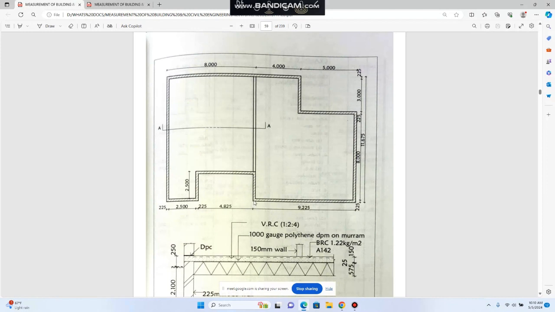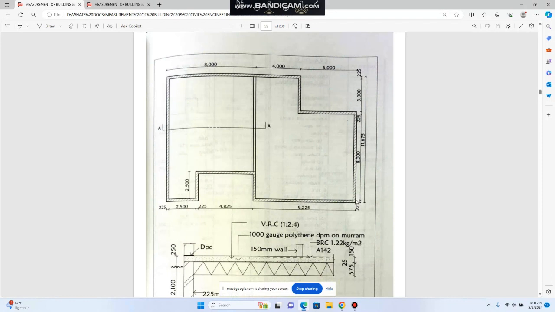The dimension from here up to here is 9225. The dimension internally of this wall here up to externally for this wall is 2500. And for the width, we are given the thickness of the walls as 225.